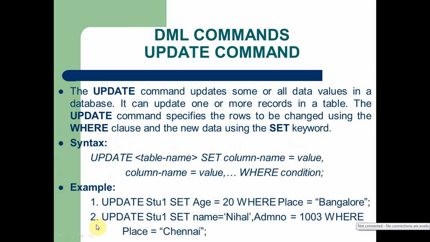Here in the example you can see update student1 table, set age is equal to 20, where place is equal to Bangalore. It means the students who come from Bangalore, all their ages are converted into 20. When you pass this command, the students whose place is equal to Bangalore, all their ages are converted into 20.